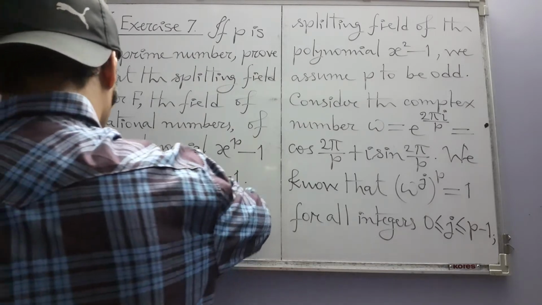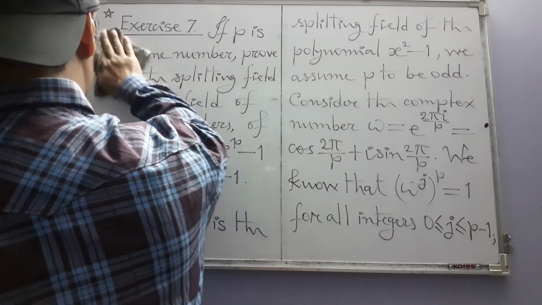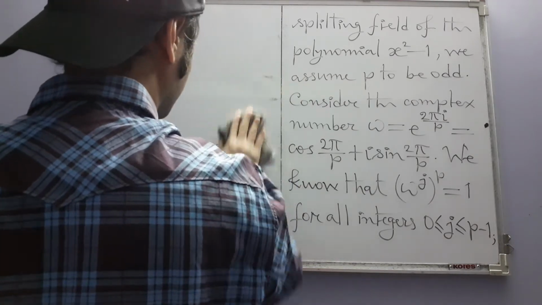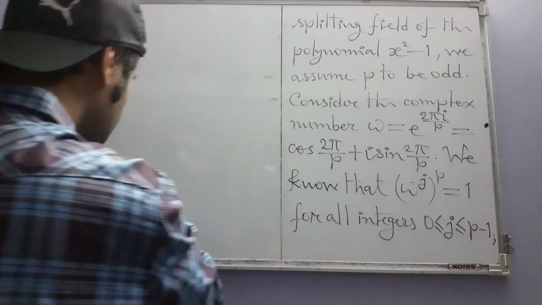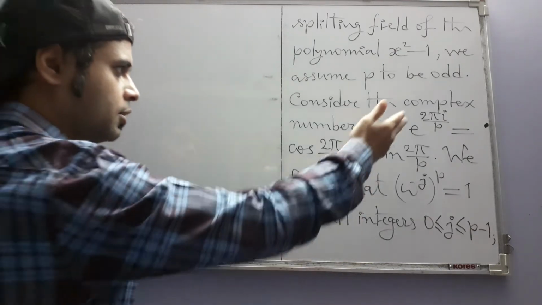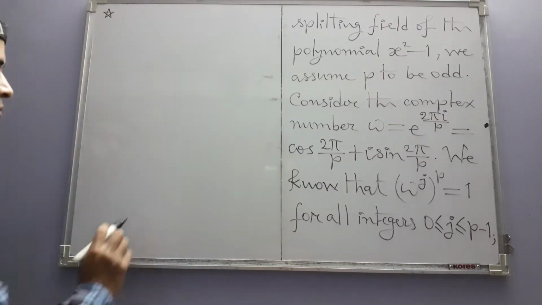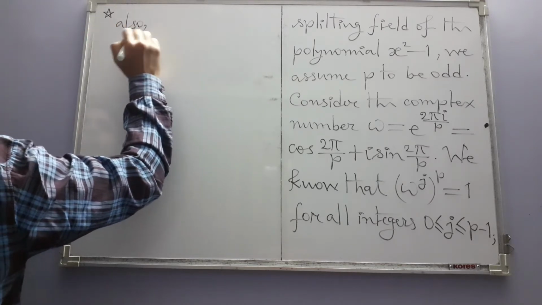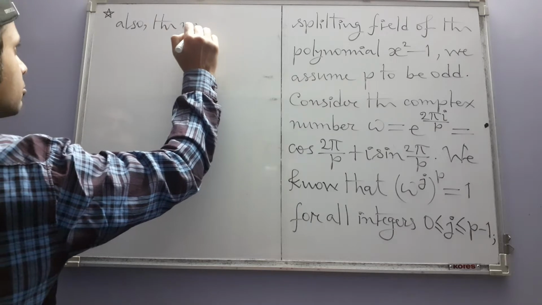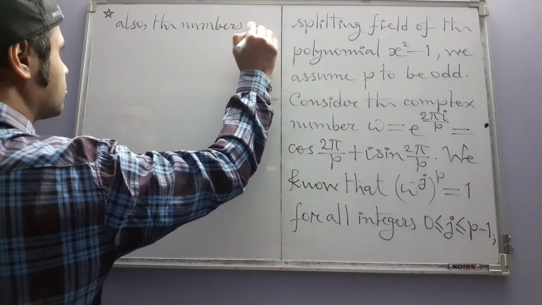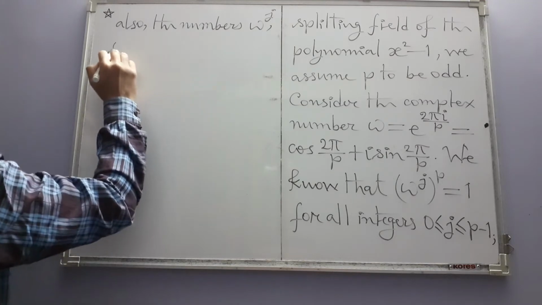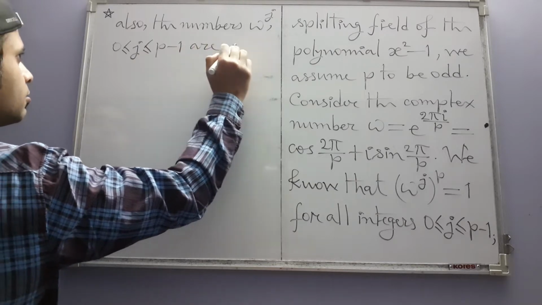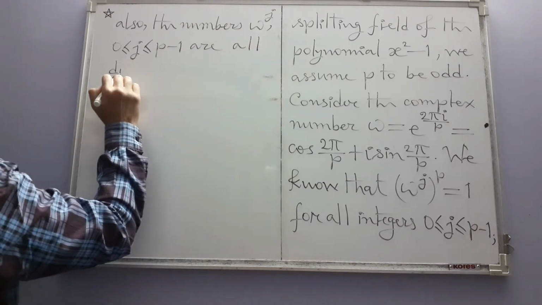Also, all these numbers omega to the power j are distinct. That also comes from the nature of such numbers.